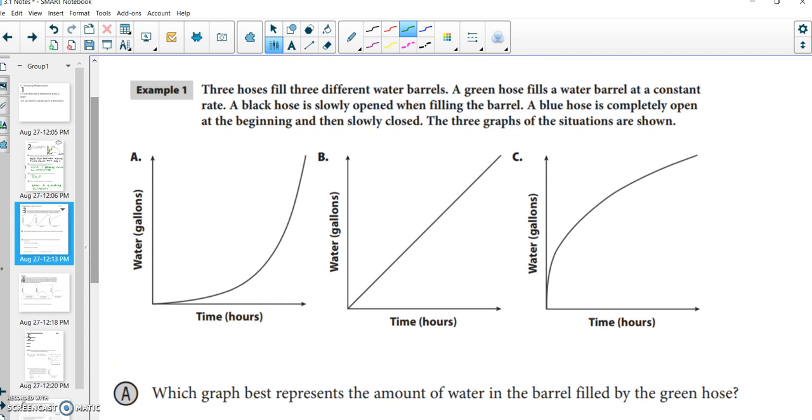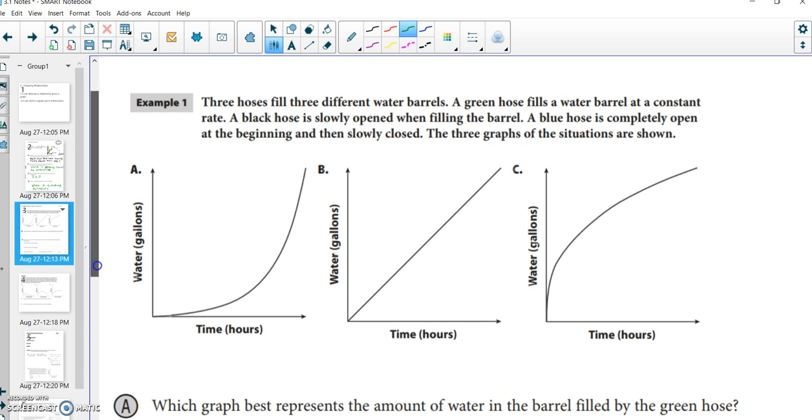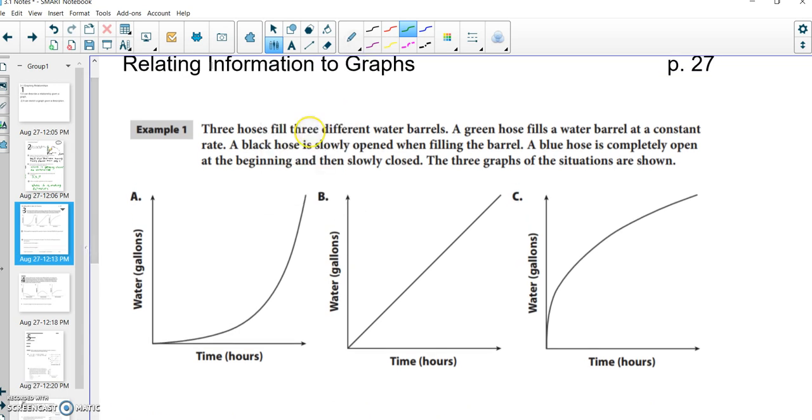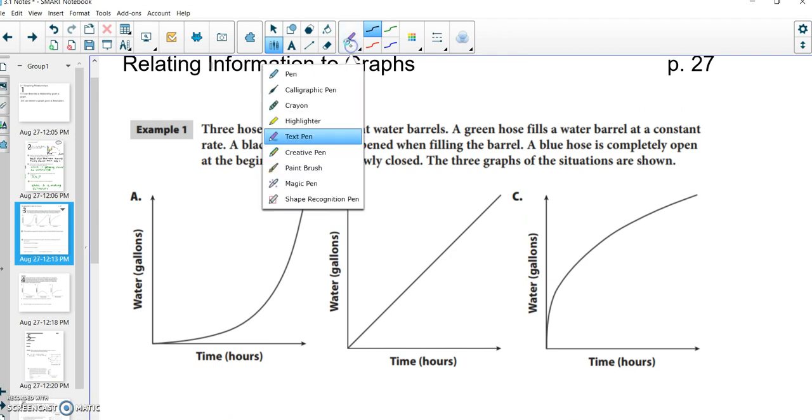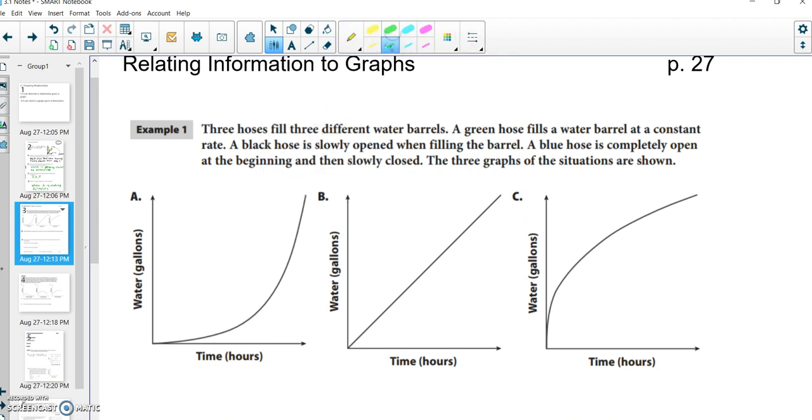So the first question says, which is best represented by the amount of water in the barrel filled by the green hose? Well, if we go back up here, the green hose fills at a constant rate. So something that's constant would look like this here.